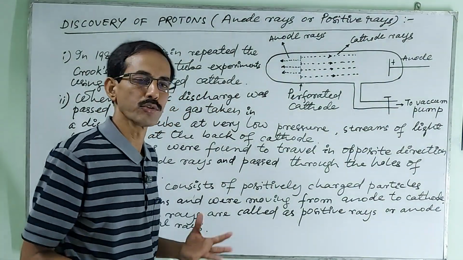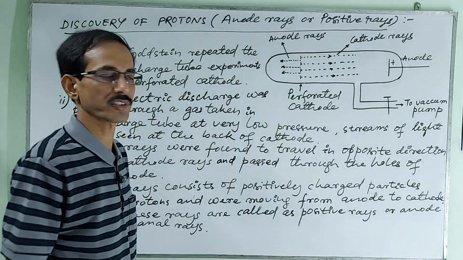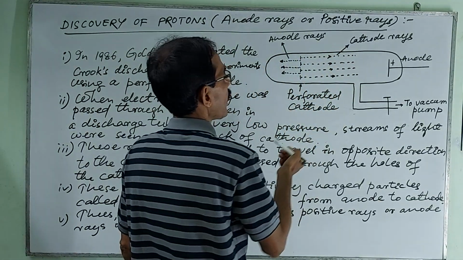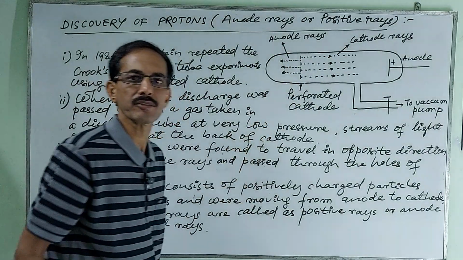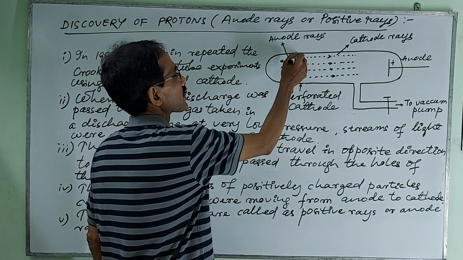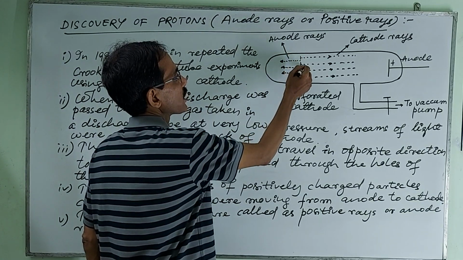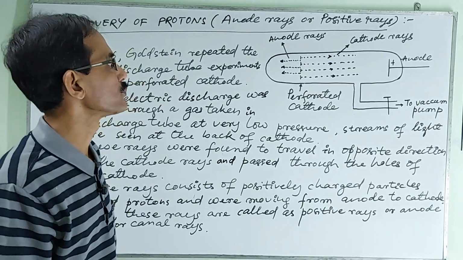Goldstein used again Crookes discharge tube, and he used a perforated cathode. What do you mean by perforated? Perforated means cathode having holes. These are the holes to the cathode.